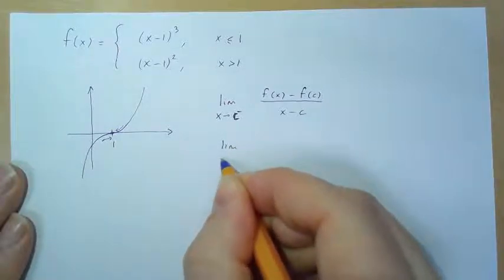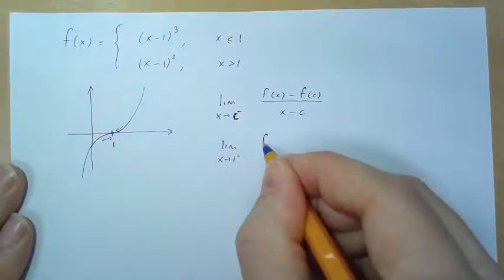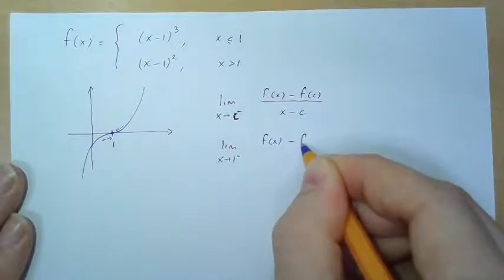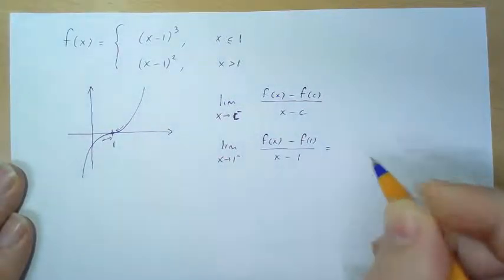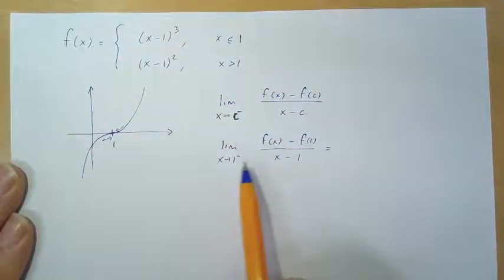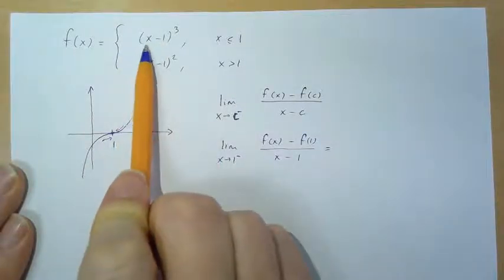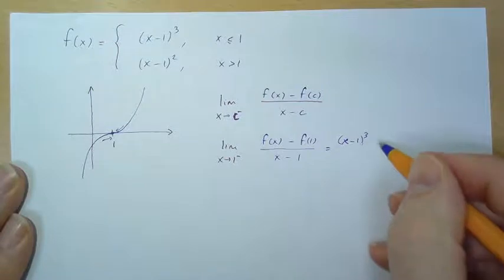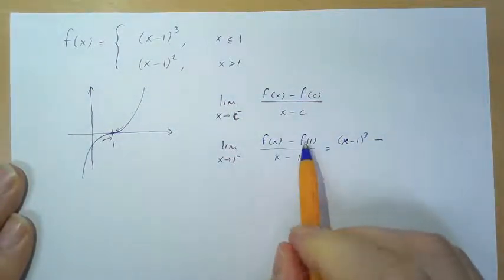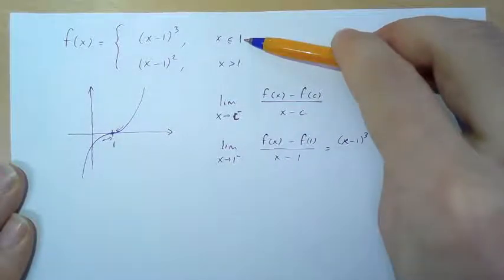So the limit as x approaches 1 from the left is (f of x minus f of 1) over (x minus 1). F of x, since we are on the left of 1, we need to use the first rule, so it's (x minus 1) cubed, minus, what is f of 1? Well, let's be careful. When x equals 1, we have to follow this rule.